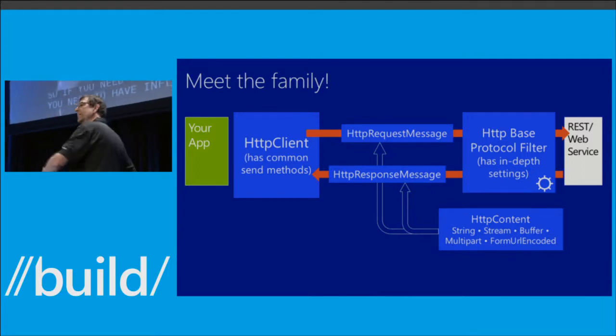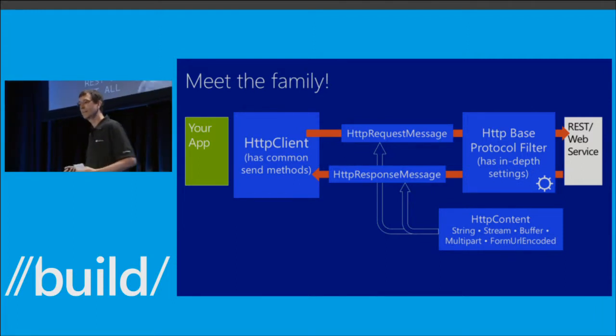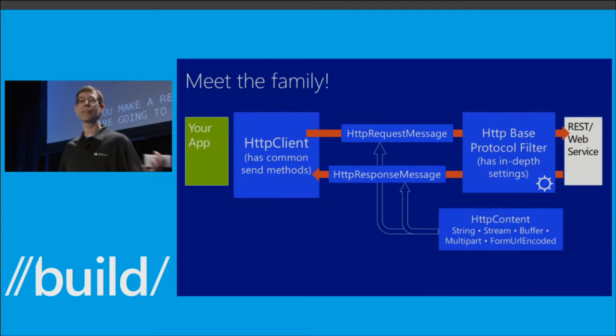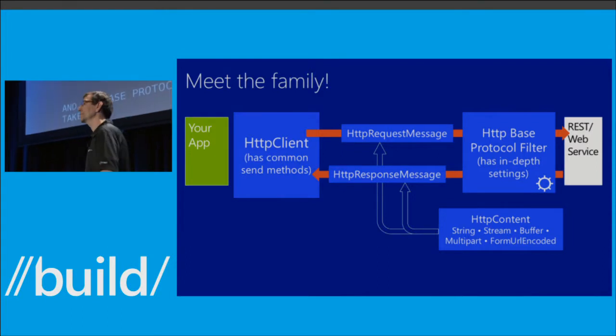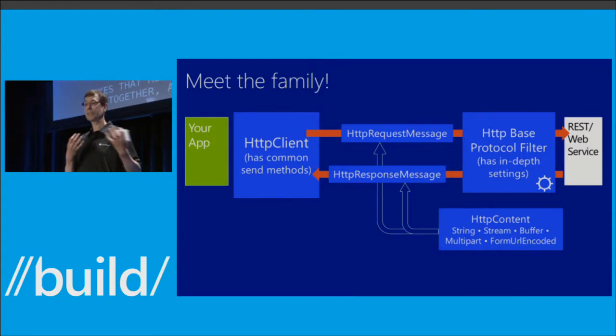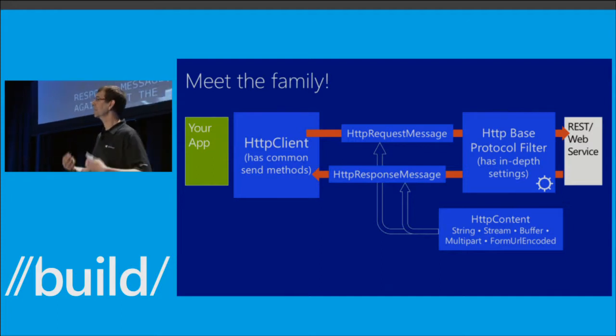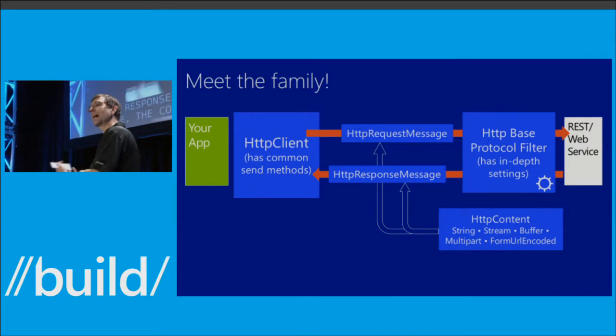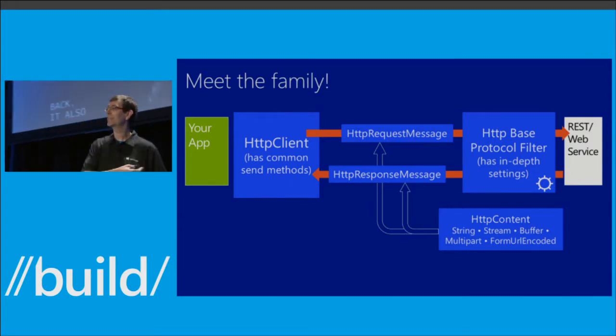Now, after you make a REST service call, of course, you're going to get a response. And the base protocol filter takes that response, parses it all together, and forms what we call the HTTP response message, which, once again, is just a neat bundle of the response code, the status code, the reason phrase, the content that came back. It also includes your original outgoing request, which means you can tie stuff together.